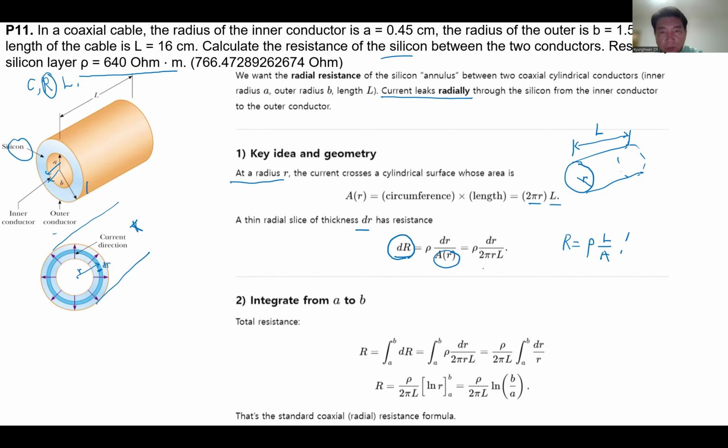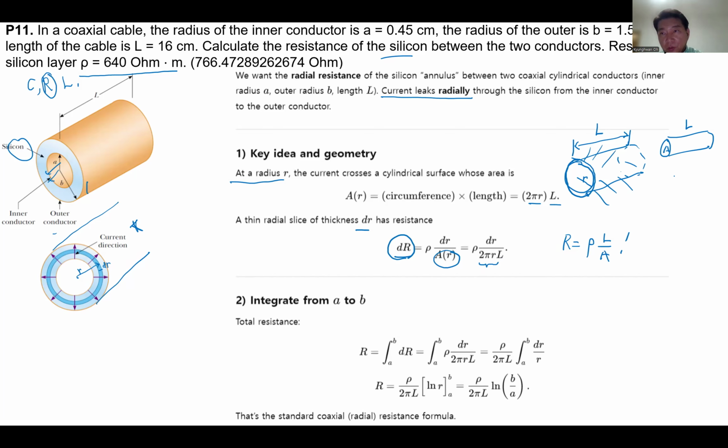What is important is that this serves as the whole area, and then there is dr as the length. This is a little bit different from what we have seen before, where we have a certain area and then a length.